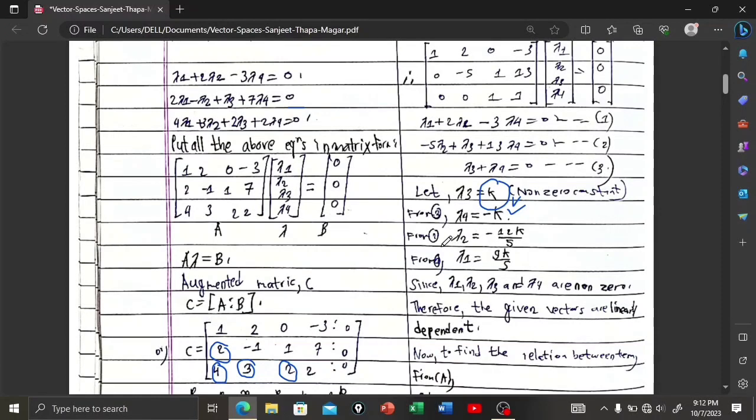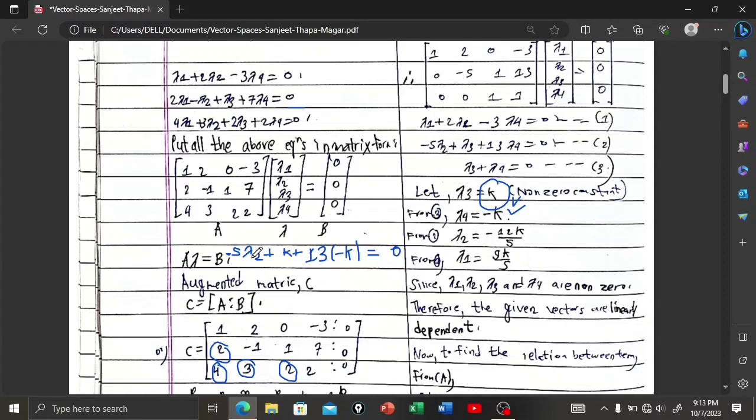And from equation 2, it is minus 5 lambda 2 plus lambda 3, lambda 3 is k, and plus 13 lambda 4, 13 lambda 4 is minus 13k, so equals 0.